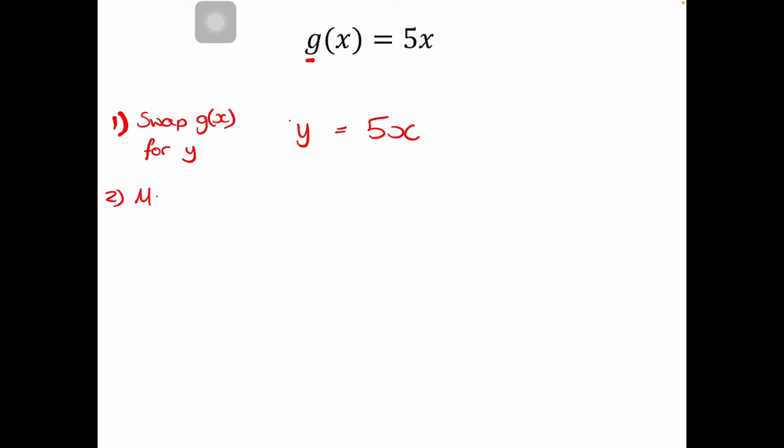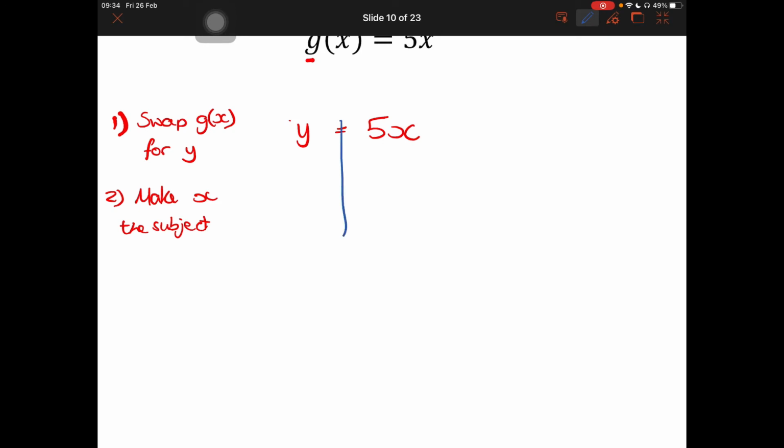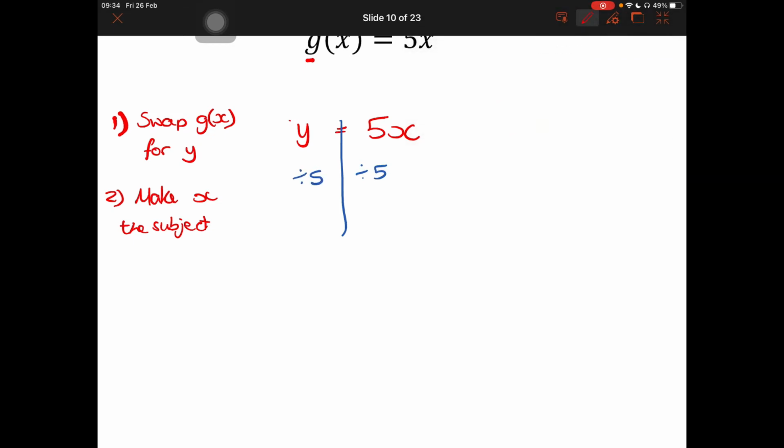Second step, make x the subject. So I'm going to rearrange, and I need to make x the subject of my formula or my equation. So this time I'm going to need to divide both sides by 5 to get x onto its own. So we will end up with y over 5 equaling x.